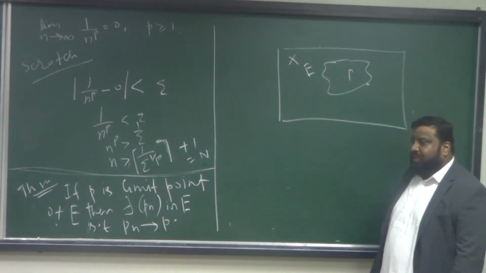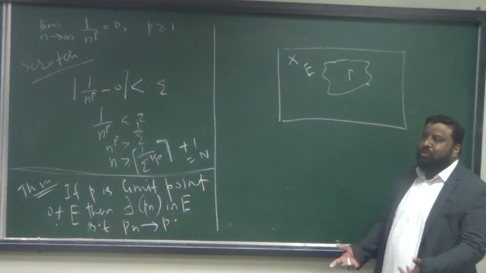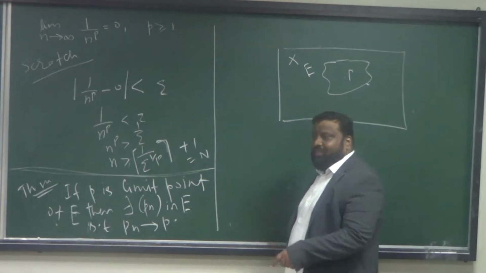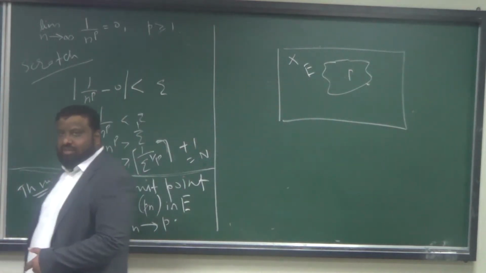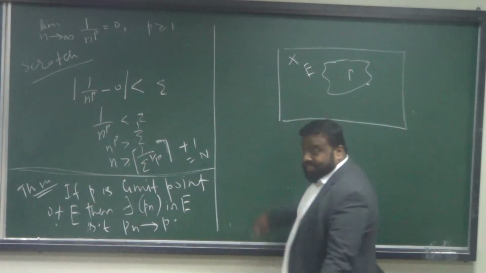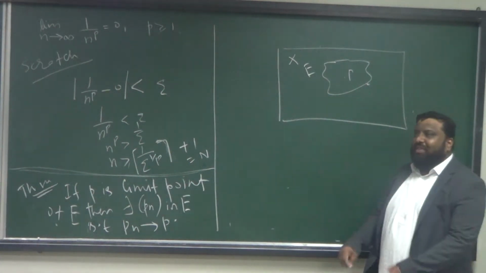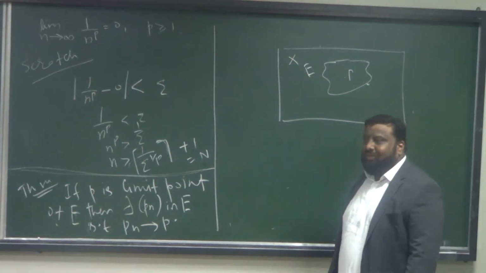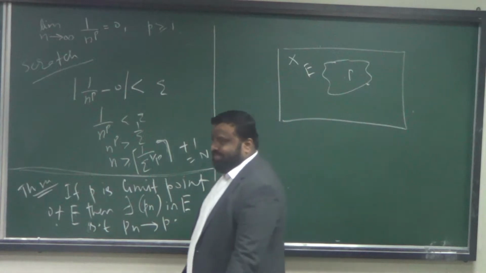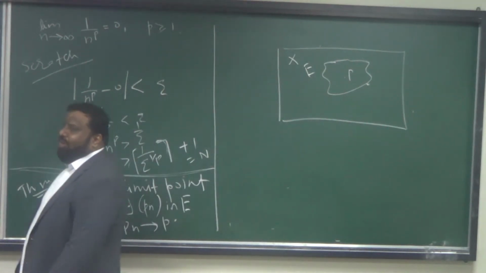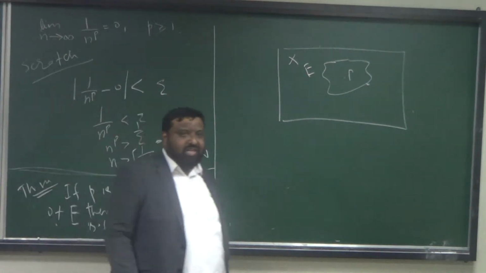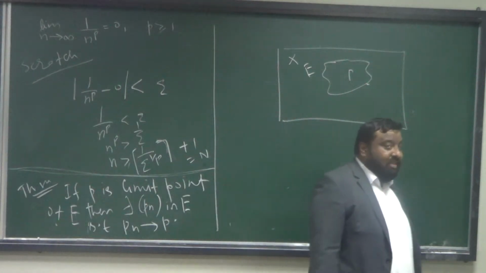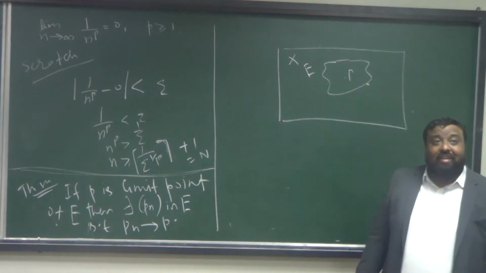Now, my point is this. For the limit point, there can be two possibilities: either it is inside the set or it's outside the set. If it is inside the set, give me a sequence whose limit is P and all terms of the sequence are inside E. Pn equals P, a constant sequence.